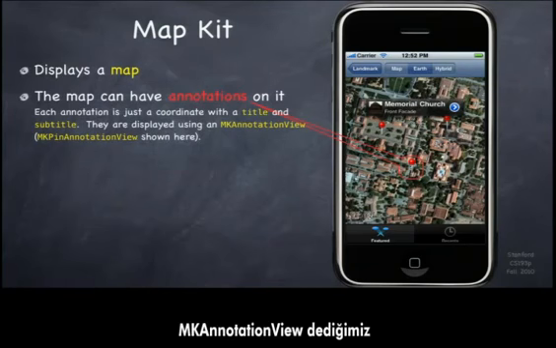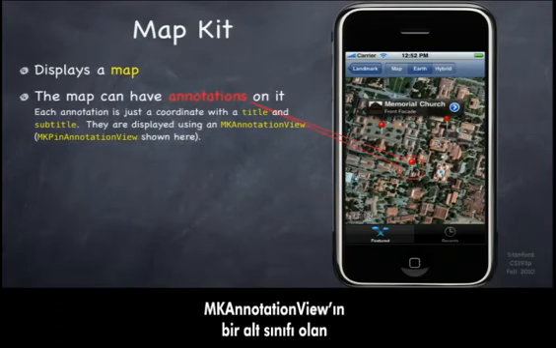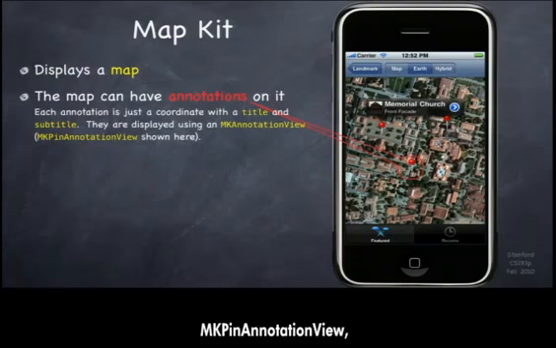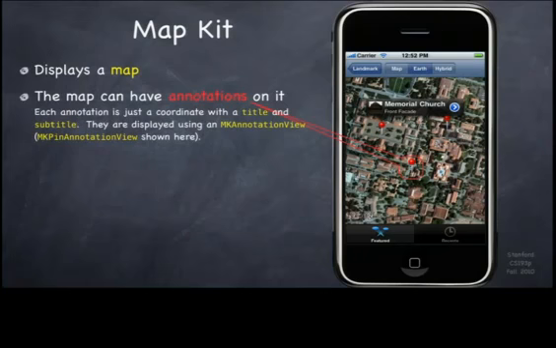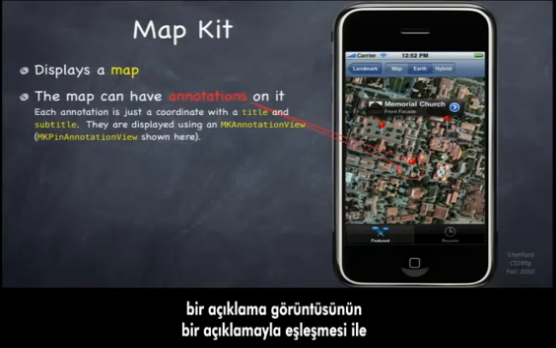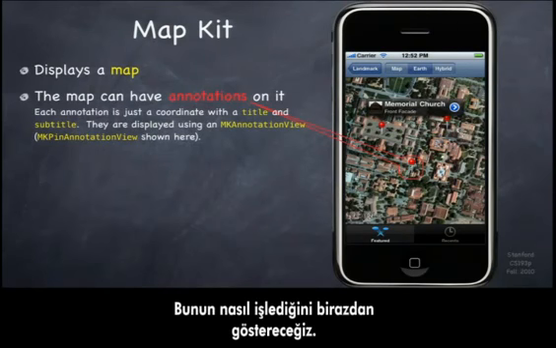The annotations are shown using a class called MKAnnotationView. The pin one is MKPinAnnotationView, which is a subclass of MKAnnotationView that shows a pin. Each annotation itself only has 3 properties: title, subtitle, and the coordinate, latitude and longitude. That's the only thing in the annotation. Then there's a process whereby an annotation view is paired up with an annotation to display it, and we'll show you how that works.